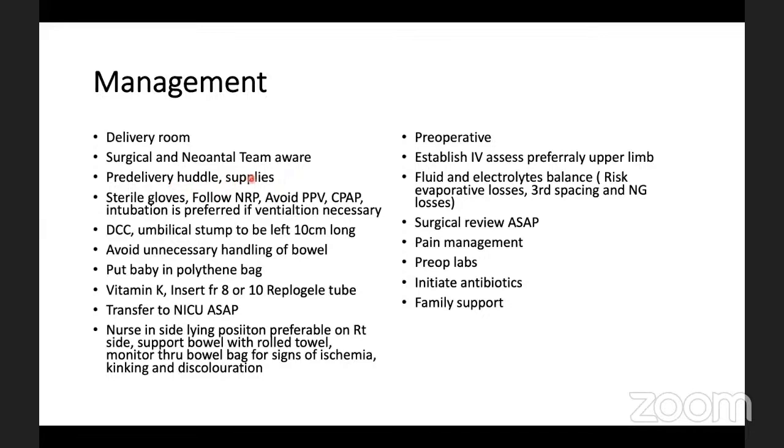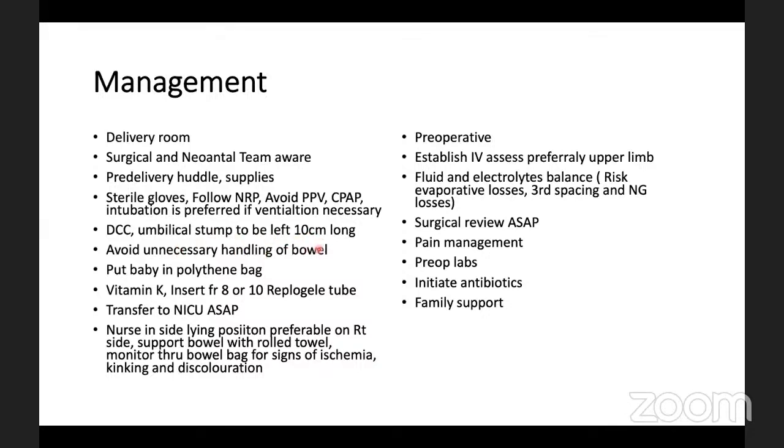Usually follow the NRP and avoid PPV or CPAP in order to avoid distension of the bowel. Intubation is always preferred if ventilation is necessary. Delayed cord clamping can be attempted if the baby allows. And we always keep the umbilical stump at least 10 centimeters long, which can be required later on for sutureless closure.